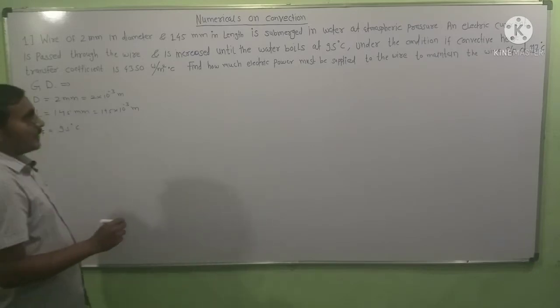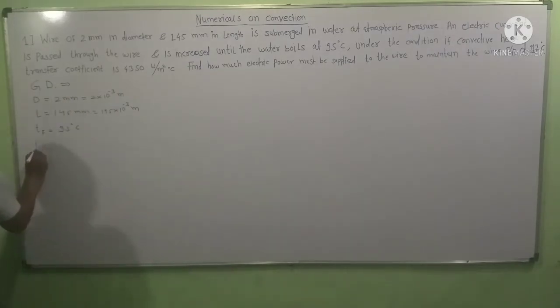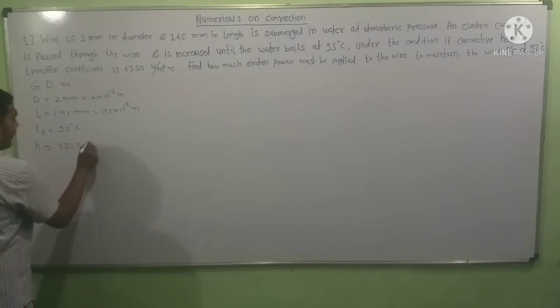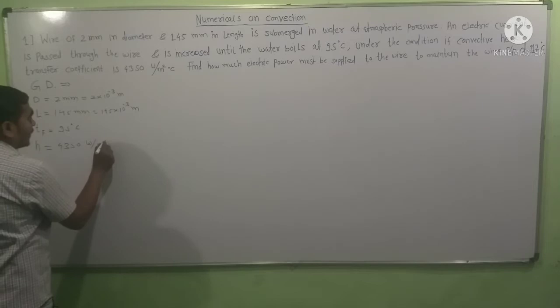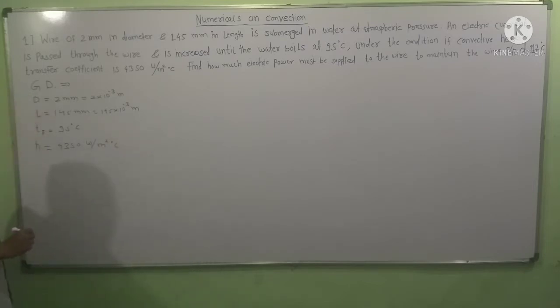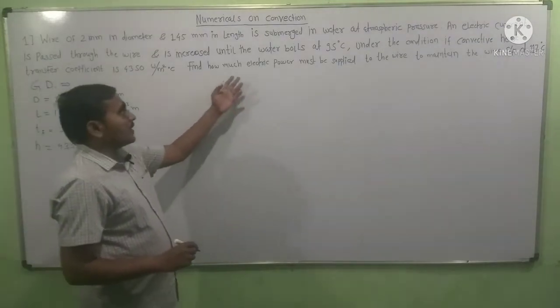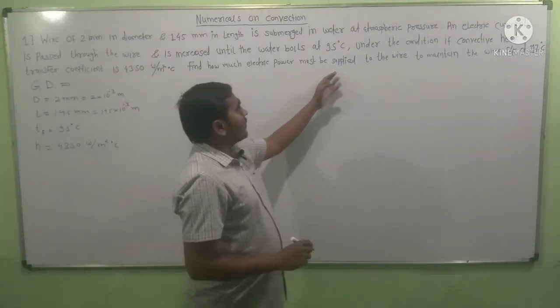Under the condition, the convective heat transfer coefficient h is given, and that is 4350 watt per meter square degree Celsius, and we have to find out how much electric power must be supplied.